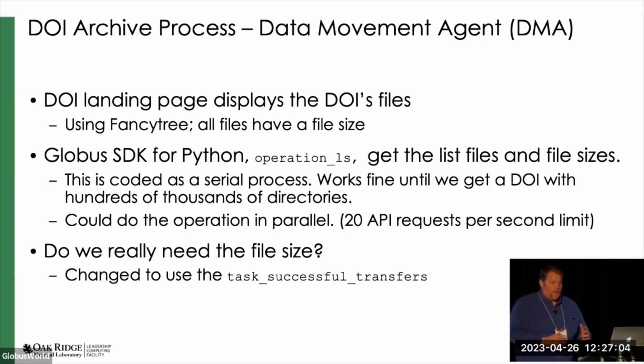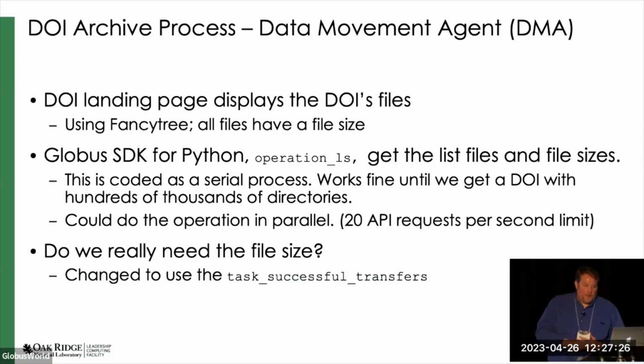Right now, with the Globus SDK, we could only get that information from an operation LS. We made a naive attempt, doing it recursively. For 90 to 95% of the DOIs that we get, that works perfectly fine, because just doing it serially, it does not take that long.